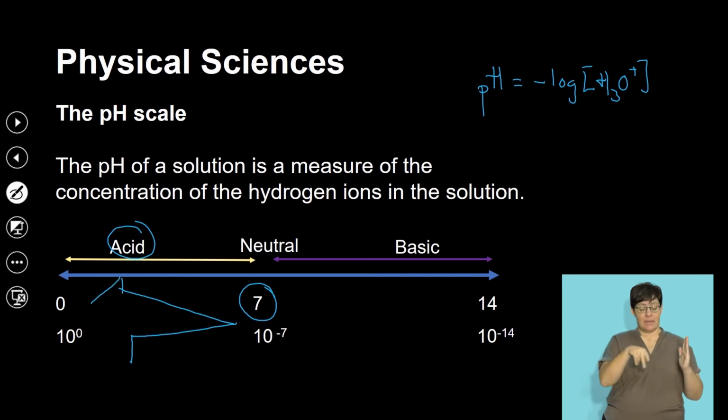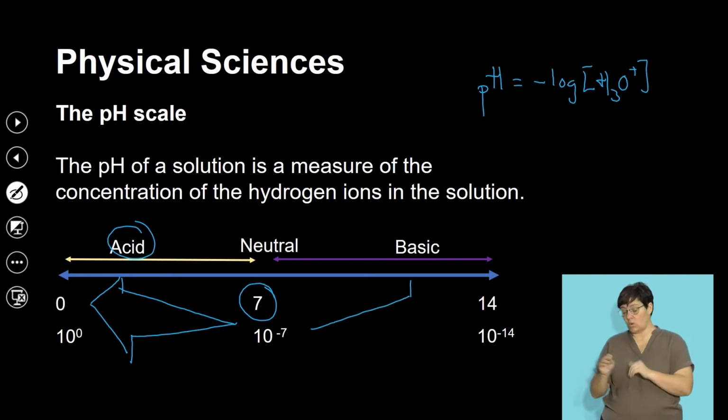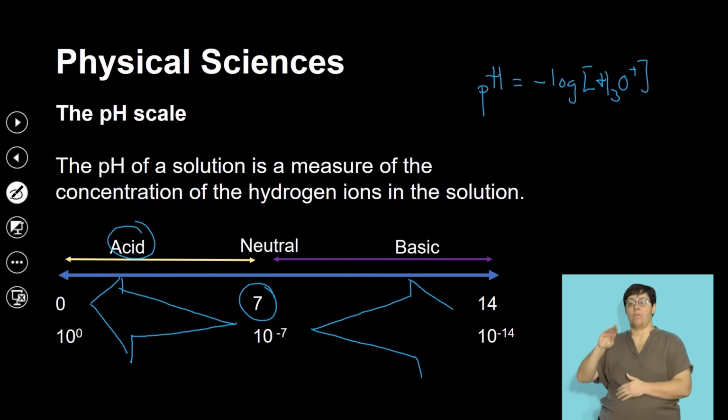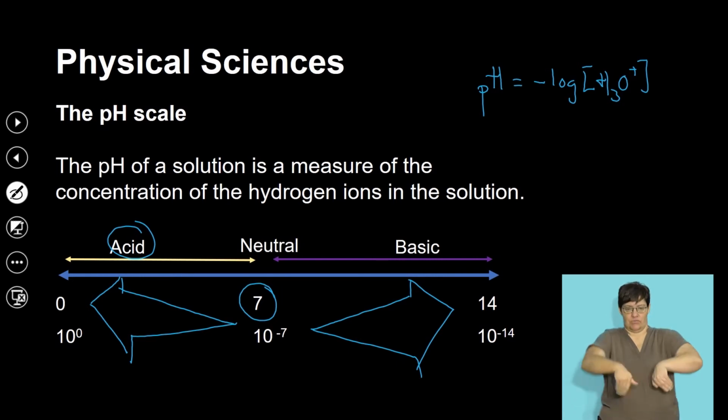A substance whose pH is closer to 0 is a stronger acid, while a substance whose pH value is closer to 14 is a stronger base, more basic. While 7 is neutral. So that's our pH scale.